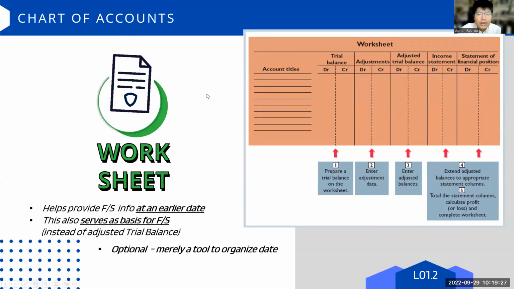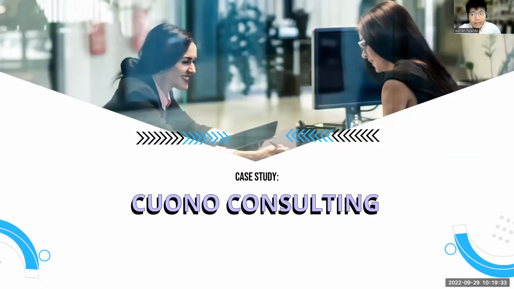So again, this is very procedural, and in any type of procedural thing, it would be better to look at it from the lens of our case study. So we're going to go back to our 3.1 comprehensive problem, Kono Consulting. I'll give you a moment to hopefully check back your exercises 3.1, so that you can take a look at our problem.